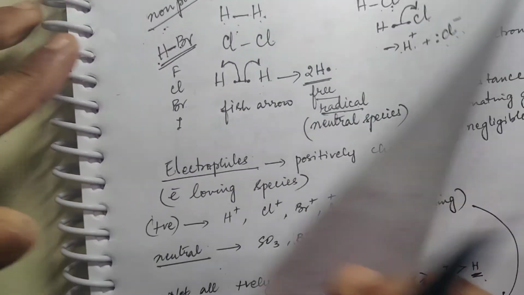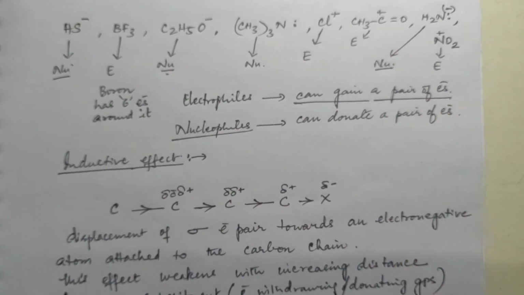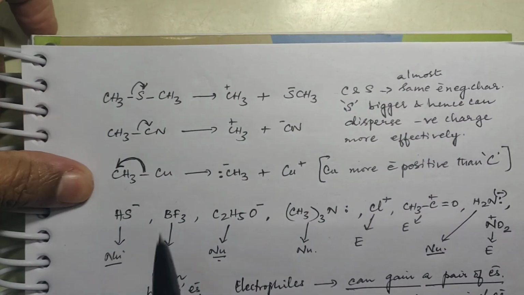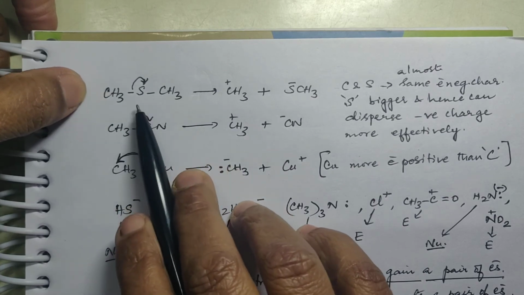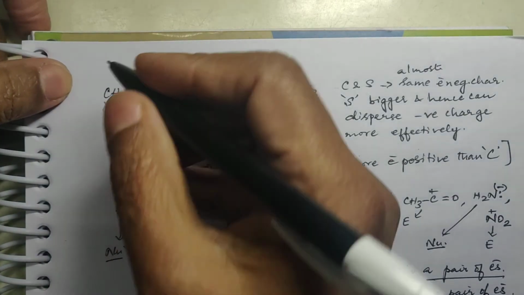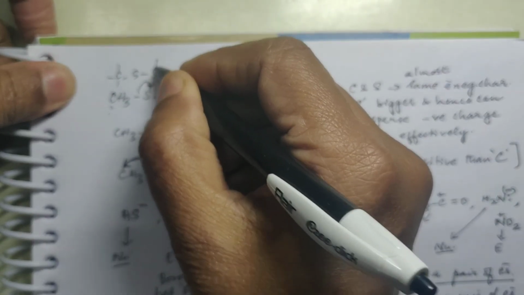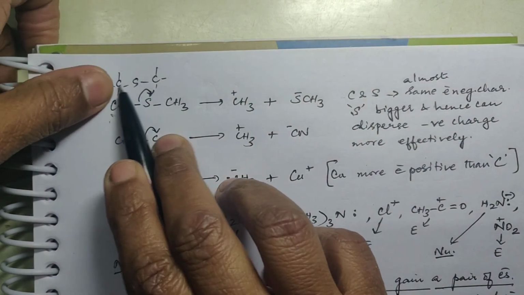Now let us see how the shift of electrons takes place in various molecules. Now let us see this. CH3-S-CH3. Now here you have carbon attached to sulfur.